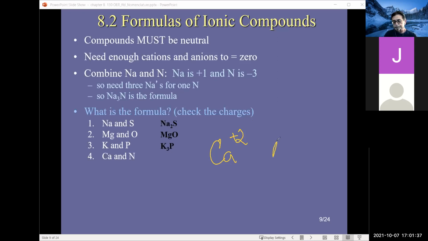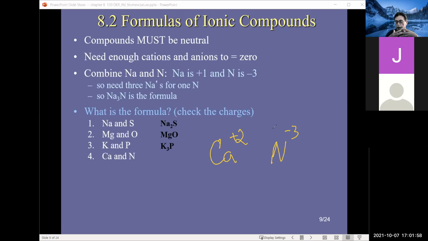Nitrogen is in group 5. Oh, excuse me. And so it will have a -3. Okay. So up to this point, we've been able to just either add enough cations to counter the anion or vice versa, depending on what we're doing.